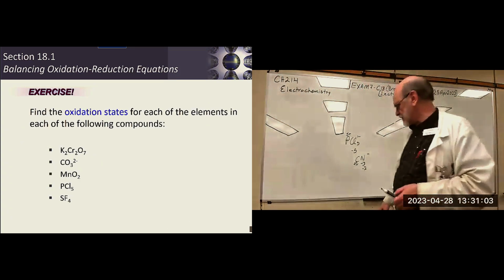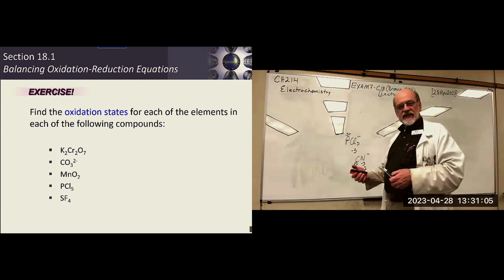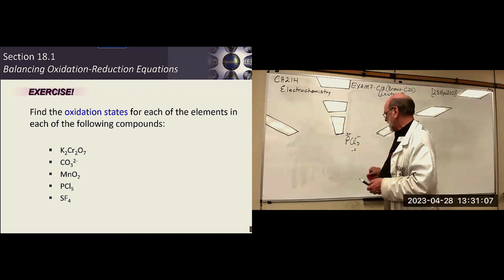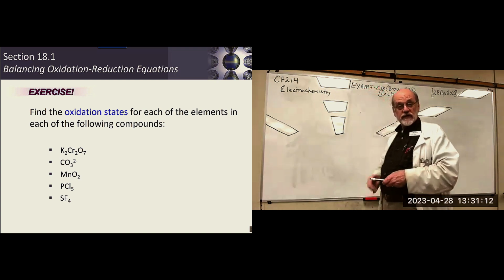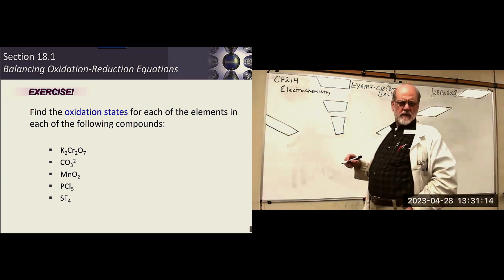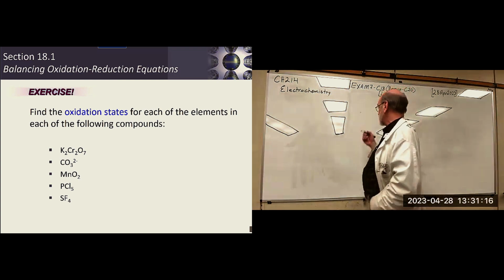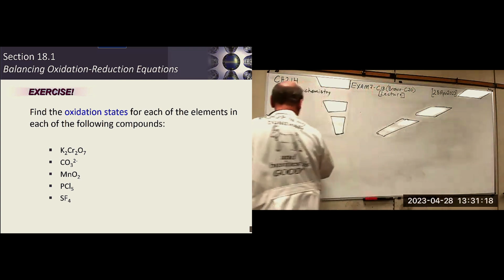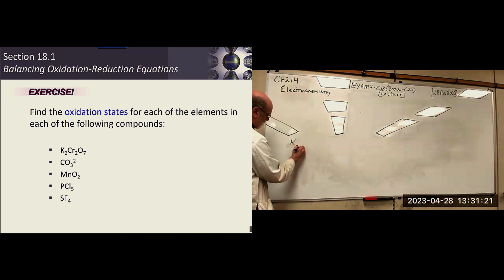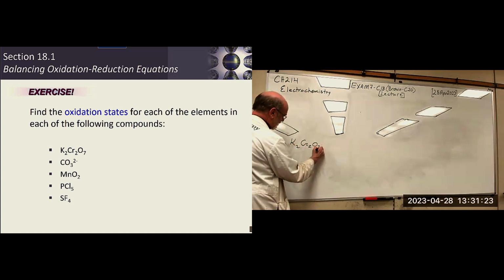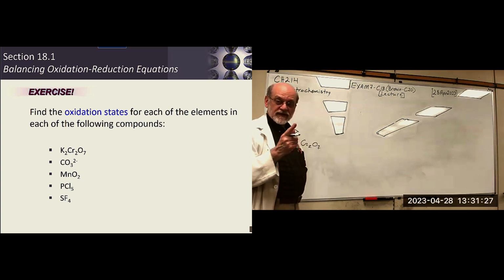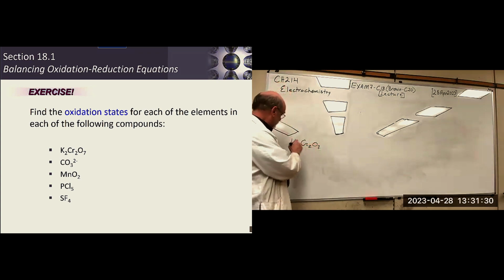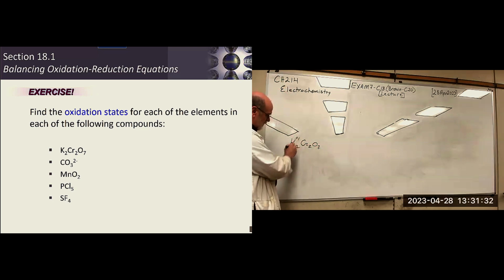All right, so here are some examples. Let's see if we can assign oxidation numbers for the elements in these compounds using the rules that we've learned. So potassium dichromate. Let's start over here. We know that the alkali metals are +1. That means we have a total of +2 here.